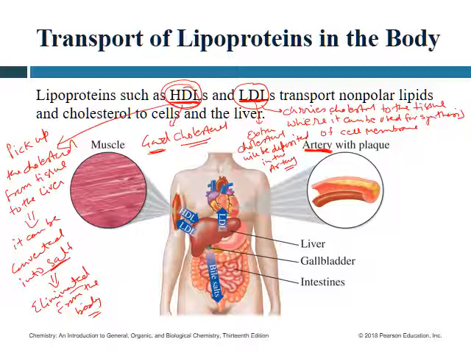So if you keep adding extra cholesterol into the artery, you're gonna get some plaque, right, or the arteries get saturated with the cholesterol.